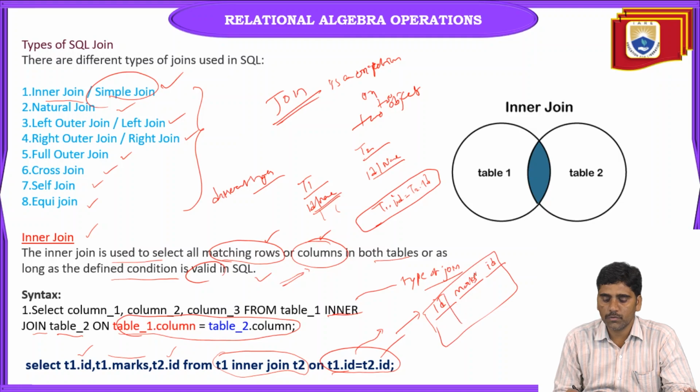So this is about inner join or simple join. To join two tables, the condition applied for retrieval is T1 dot ID equals T2 dot ID, that is, table 1 dot column 1 equals table 2 dot column 1. If the condition is matched and valid, then based on the condition we retrieve the values.